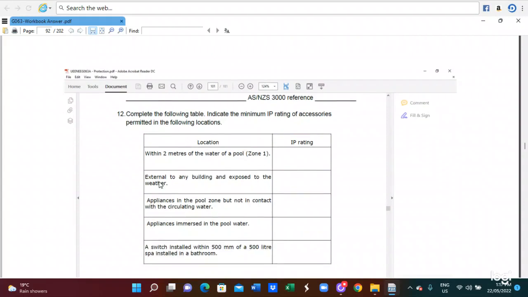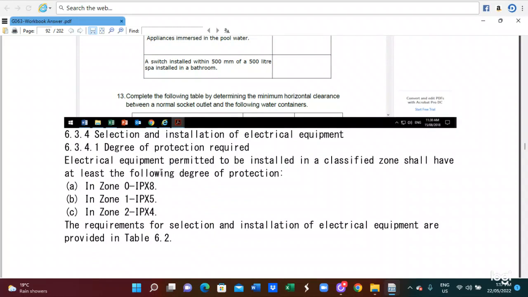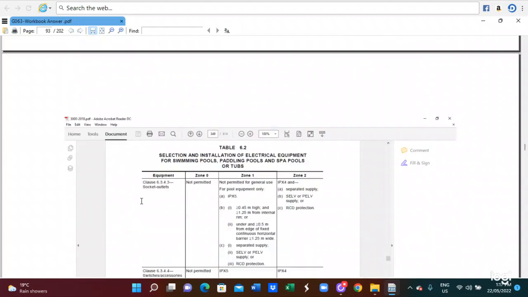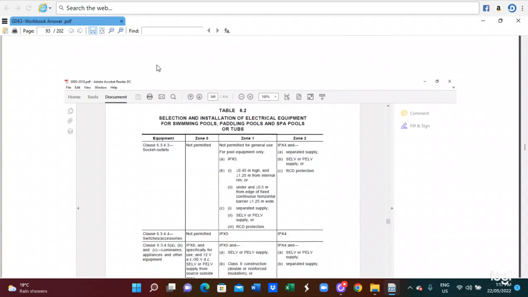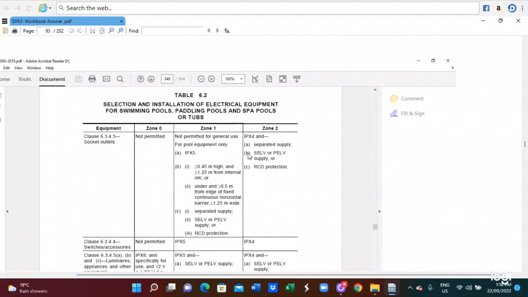In the meantime, this is for the location and the IP rating. For the location IP rating, you have to read clause 6.3.4.1, the protection equipment and appropriate IP rating system. Also you need to follow table 6.2, selection and installation of electrical equipment for swimming pool, bathing pool, and spa pool or tub.